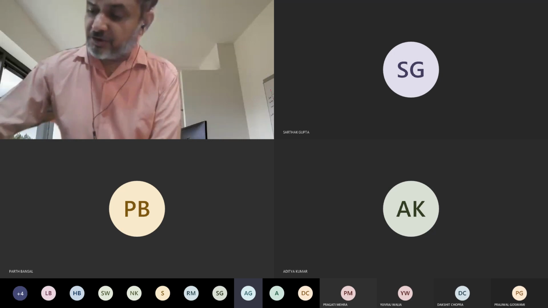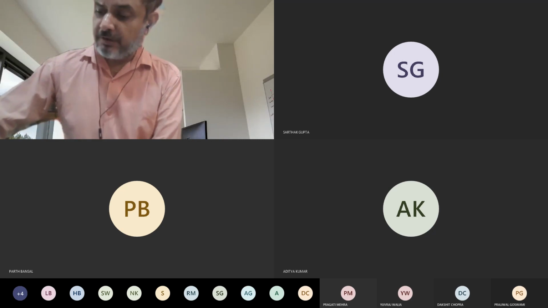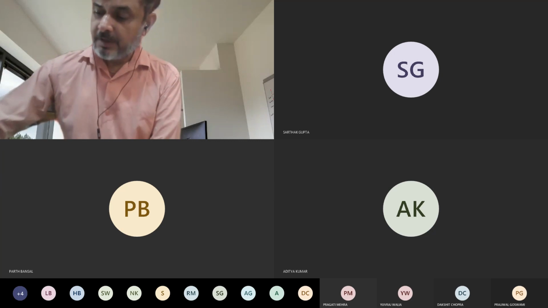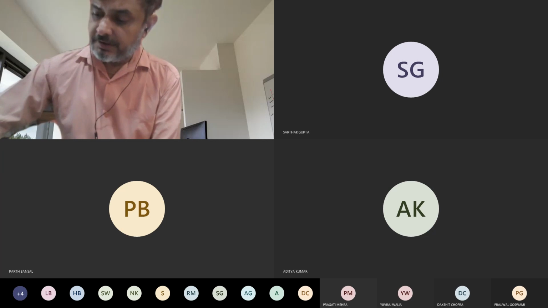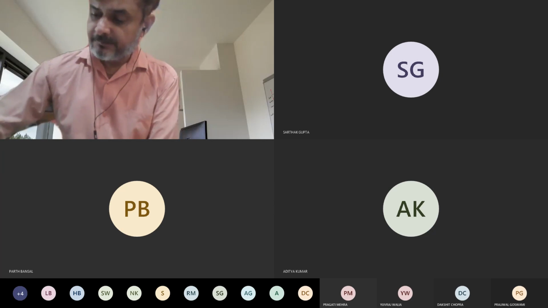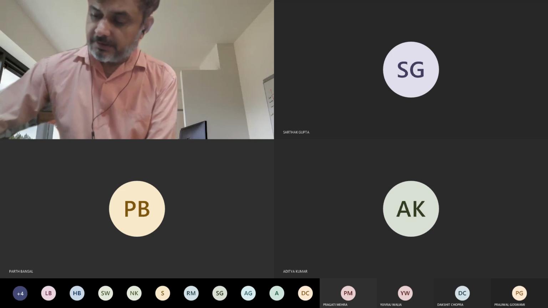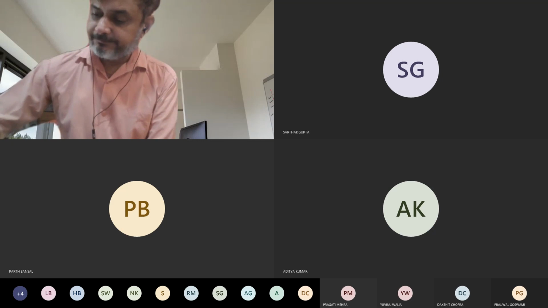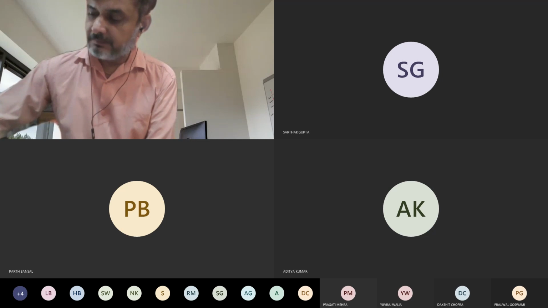The angle between these two forces F1 and F2 is, let's say, theta 2. Angle between F3 and F2 is theta 3. Angle between F3 and F4 is theta 4. Angle between F4 and F5 is theta 5.